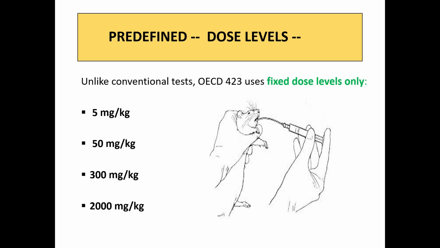You have to consider that LD50 dose here. If there is no available data or literature, you can start the dosing from 300 mg. These are the doses: 5 mg, 50 mg, 300 mg and 2000 mg per kg that you give to the animals in OECD 423.